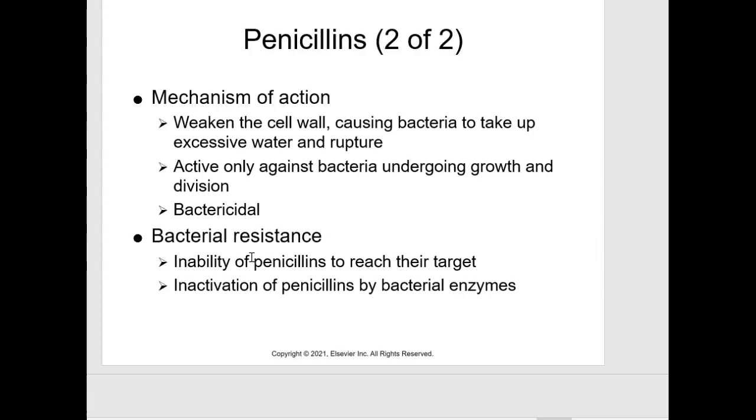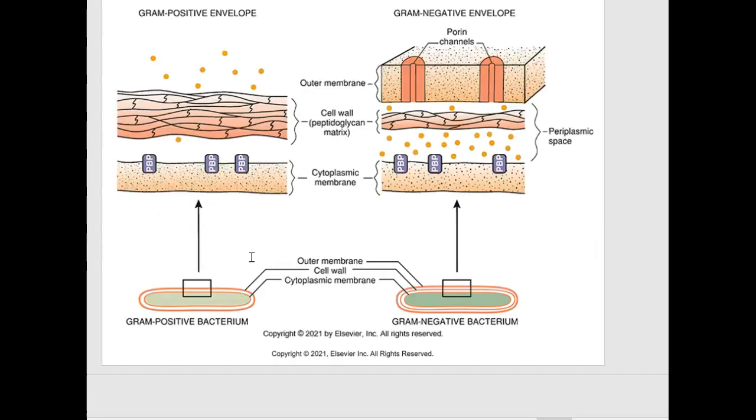Gram-negative cell envelopes. So if we go back to the gram-negative cell envelope, we have that extra outer membrane. All bacteria are surrounded by a cell envelope, but the cell envelope of gram-negative organisms differs from that of gram-positive. Because of that, some penicillins are ineffective against gram-negative bacteria.